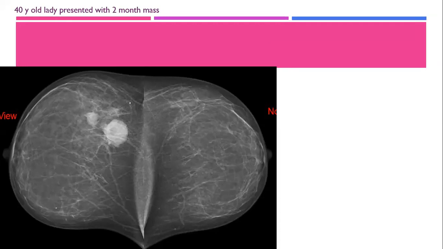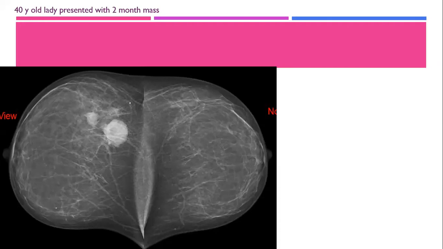Excellent, well done, Abir. There is a rather smaller mass anterior to it, with a little bit indistinct margins. The posterior margin of it is indistinct, and there is associated architectural distortion in this area.